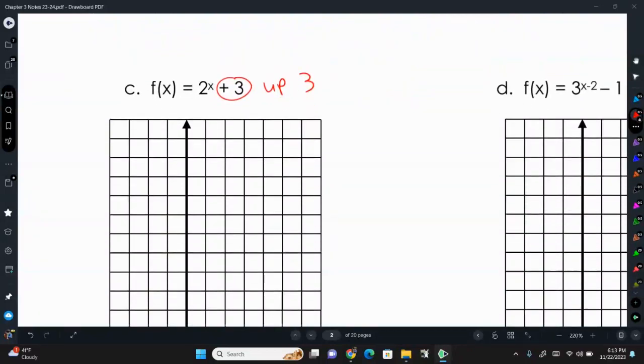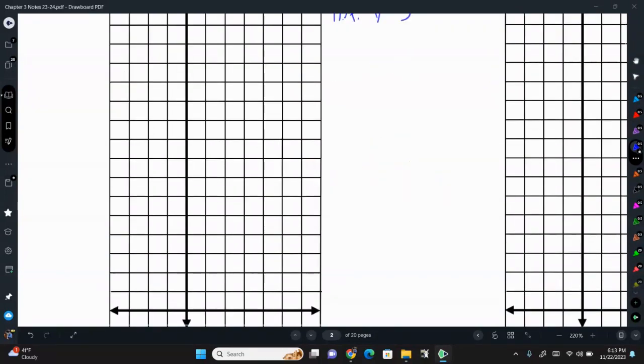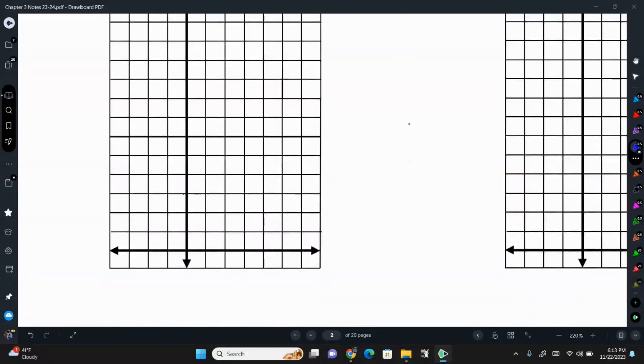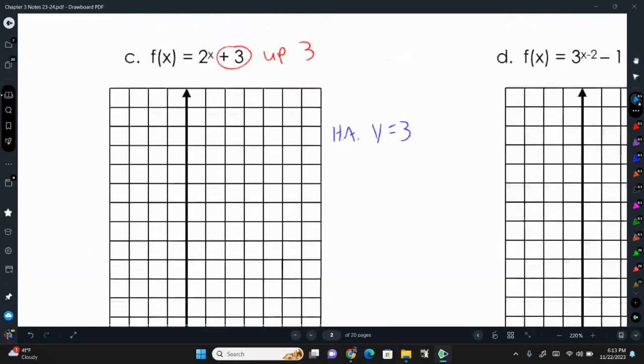So our horizontal asymptote is y equals 3. So 1, 2, 3. And then we're going to calculate that y-intercept.